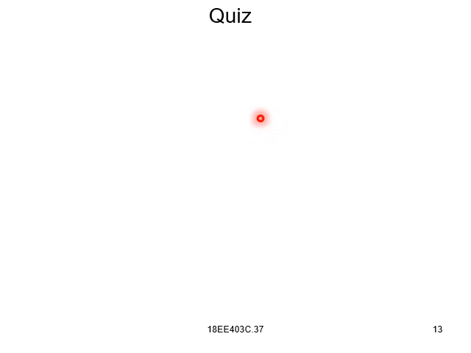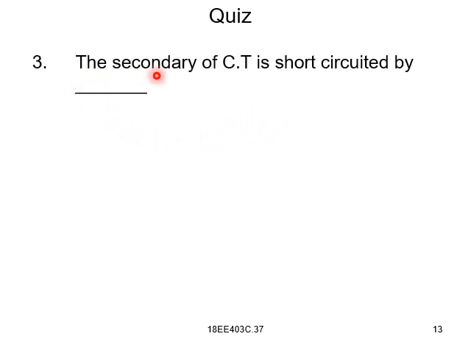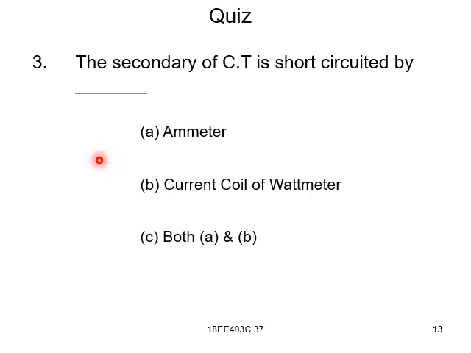Okay, moving on to the next question. The secondary of CT is short circuited by. This is also very easy from the previous case. The secondary of CT is short circuited only, and the circuit gets closed with the ammeter and also the current coil of the wattmeter.